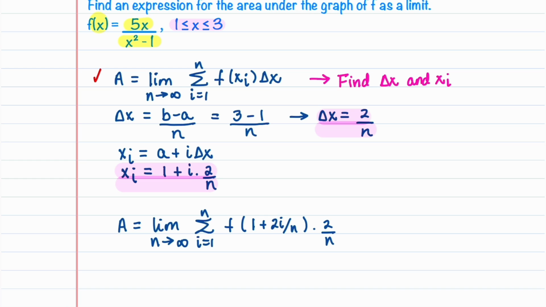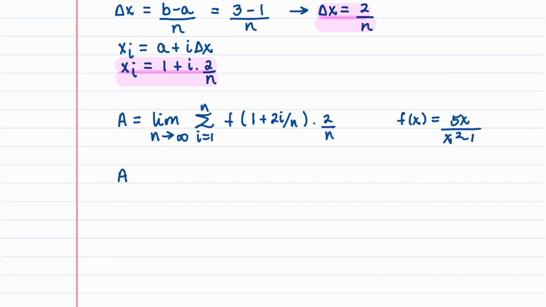Now what we're going to do is substitute in that f of x is 5x all divided by x squared minus 1. This gives us A is the limit as n goes to infinity, the sum i goes from 1 to n, and now we're going to substitute in 1 plus 2i over n for each value of x.